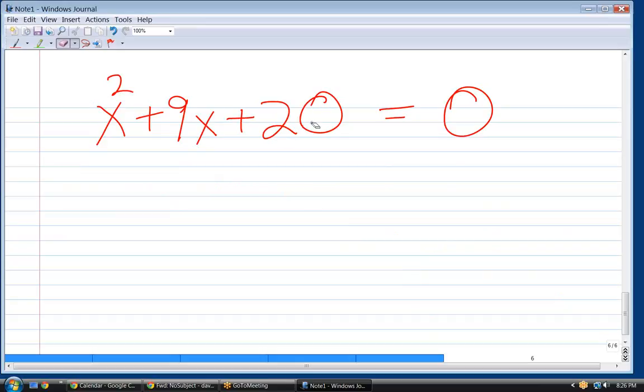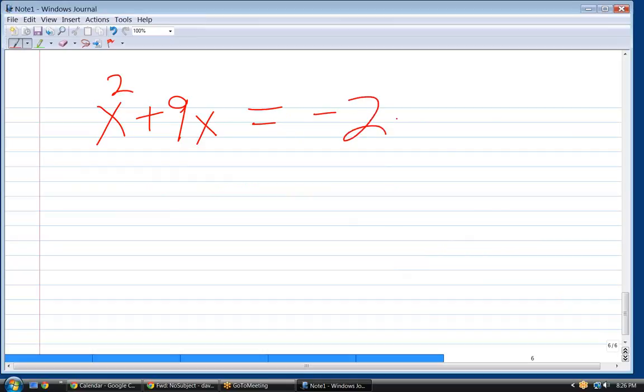So when I gave you this problem initially, I had the minus 20 on the other side, like this. So the very first thing you want to do is make one side equal to 0. If you get a problem like this, you would want to bring everything to one side and leave 0 on the other, and then solve it as we just did.